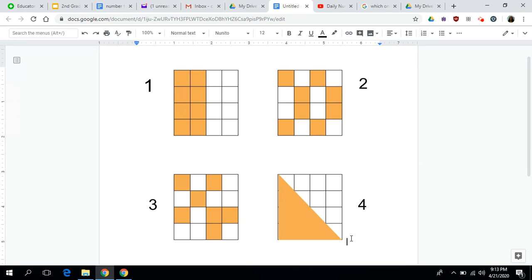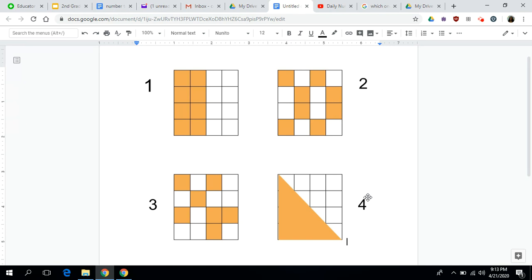The reason is that all of these other squares have actual squares filled in for each of them, whereas this box over here had a triangle filled in. So I know that they filled in some full squares within this image, but there are a lot of half squares filled as well. So that was my initial thought, that maybe box number 4 did not belong.